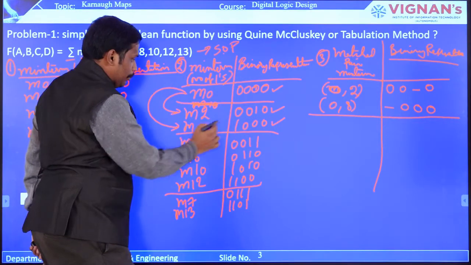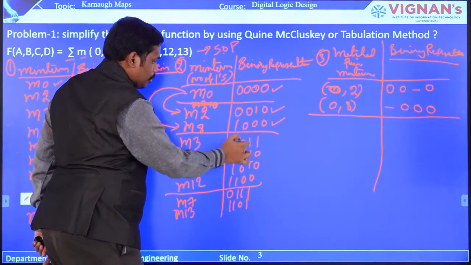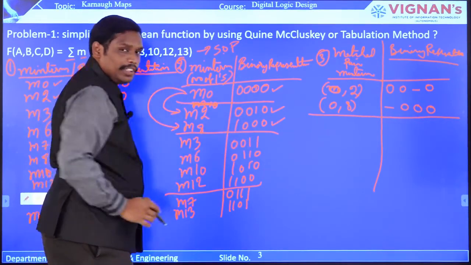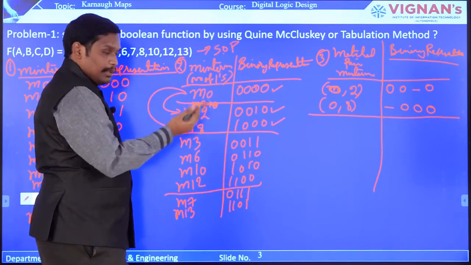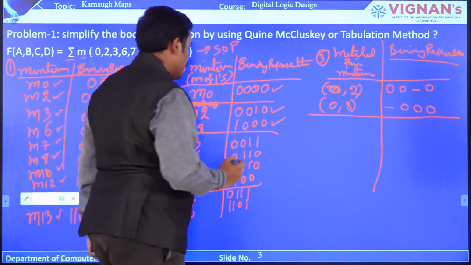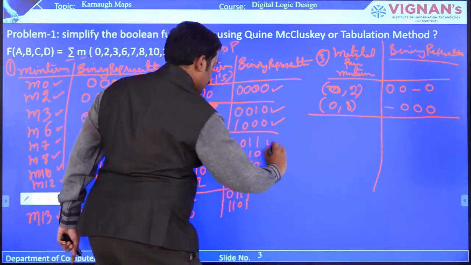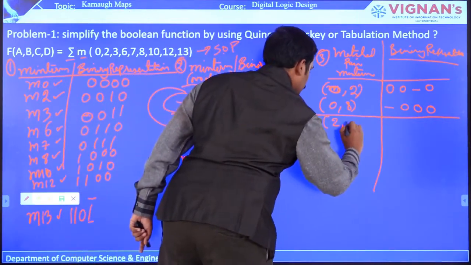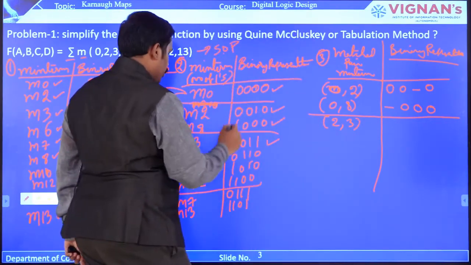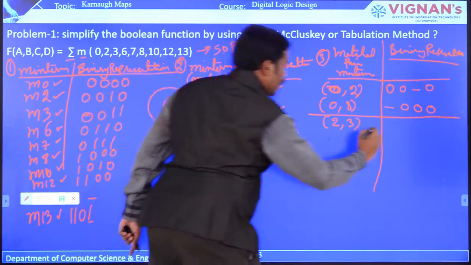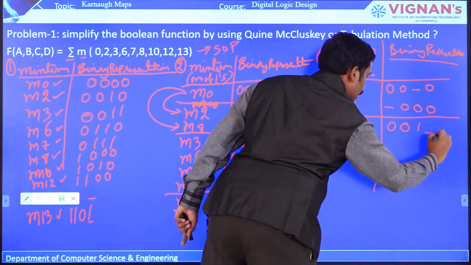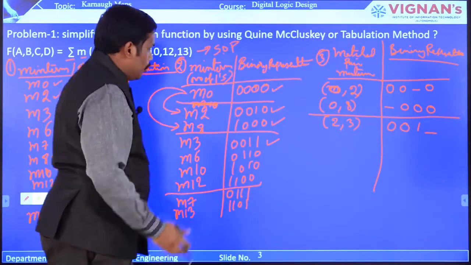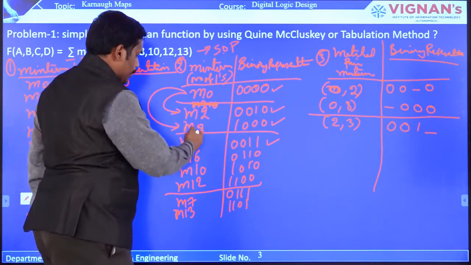If you compare M2 and M3, the first position is the same, the second is the same, the third is the same, but the fourth position differs, 0 and 1. So you are going to have a small tick mark for 3, and you write 2, 3, as 0, 0, 1, underscore or hyphen. Okay, then 2 and 3 are completed.